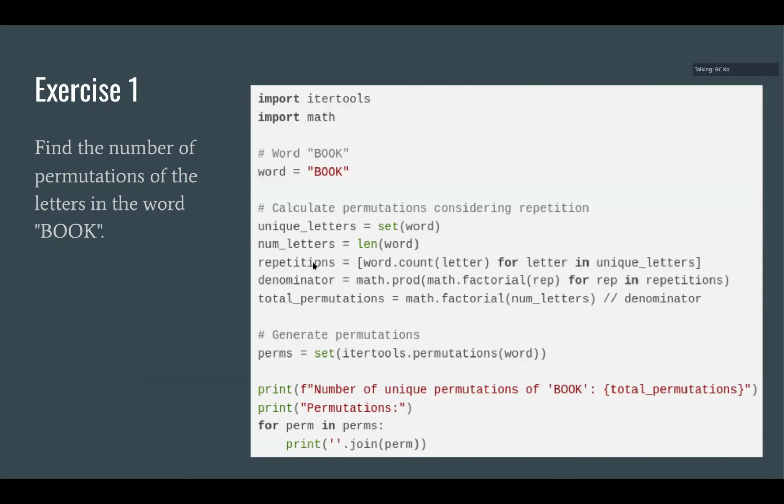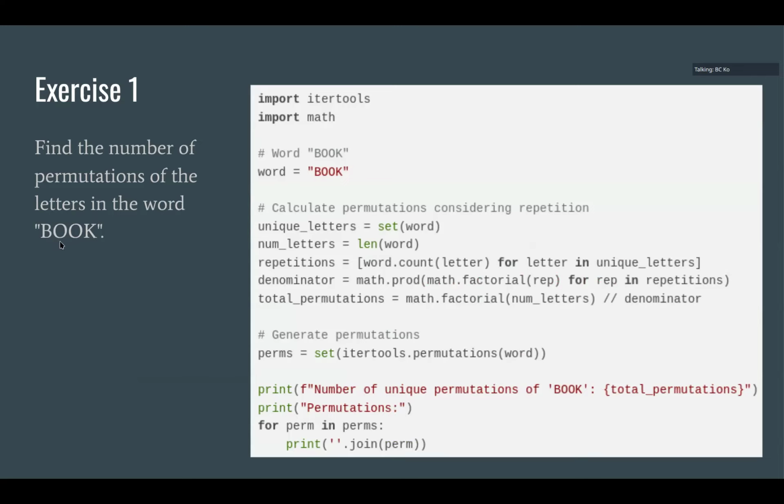Here is some more examples. The question is to find the number of permutations of the letters in the word book, B-O-O-K. You want to remember to account for the repeated letters.